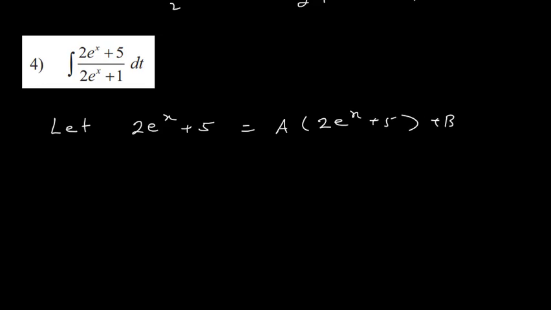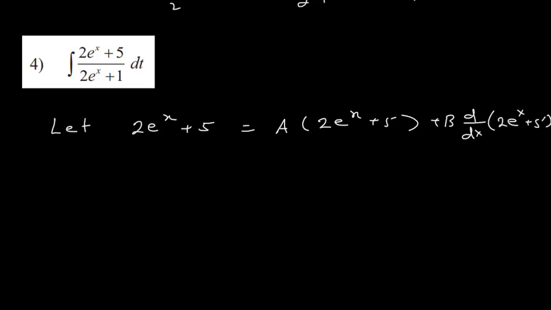Now let us discuss this last question. Here also you will consider, let this 2e power x plus 5 as a into 2e power x plus 5 plus b into d by dx of 2e power x plus 5.